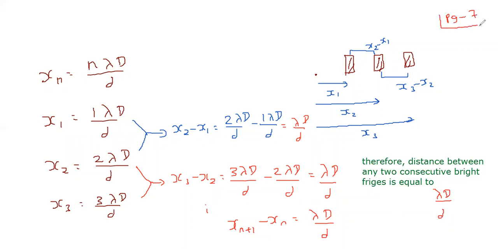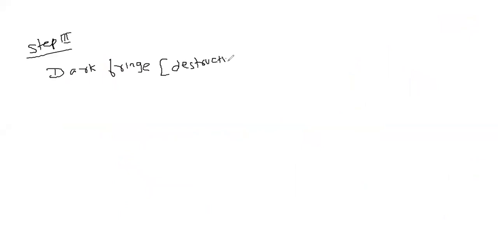Understood, sir. Shall I go to step 3? Yes. Now step 3, for dark fringe, also called destructive interference.